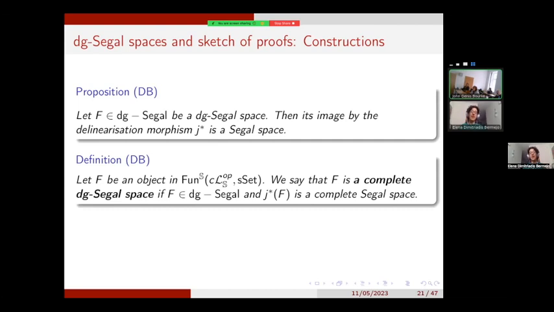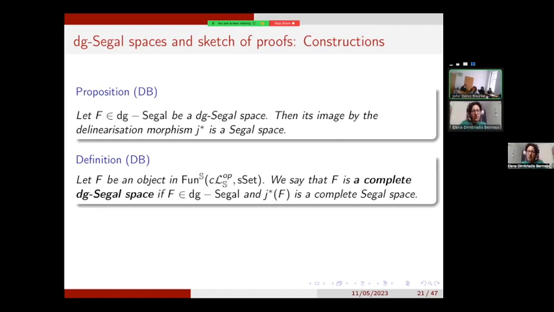So we say that F is a complete DG-Segal space if it's a DG-Segal space, and its image by the delinearization functor is a complete Segal space in the classical sense. Now, there is a way of defining this without using the delinearization morphism. I haven't put this in the slides, but it is relatively simple. So we don't need to end up doing all our calculations in simplicial spaces.